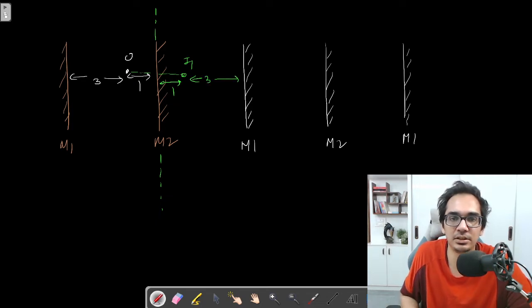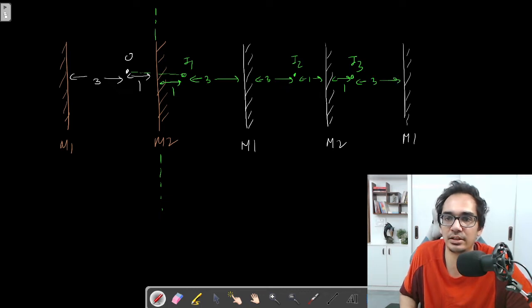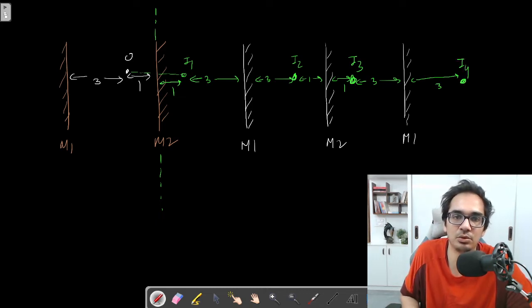So second image, since the object is at 3, second image will be formed here at a distance of 3. Then again this will be 1. Then there will be another image, I3, at a distance of 1. This will be 3, and so on. Again I3 will form an image here at a distance of 3, and this will be I4. So this is how quickly you can get the position of images.